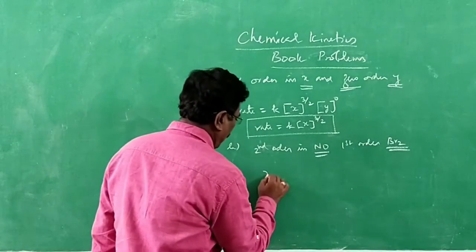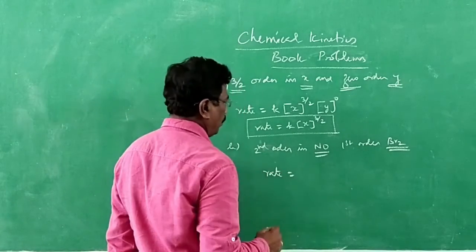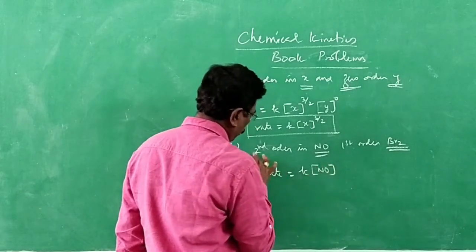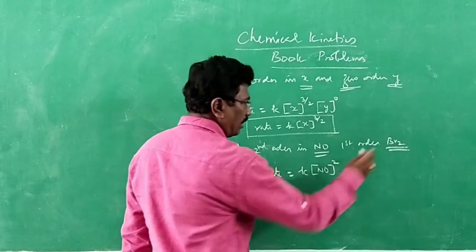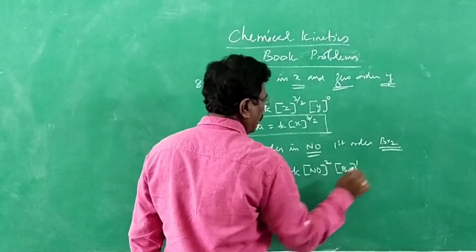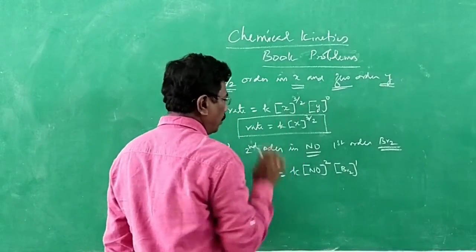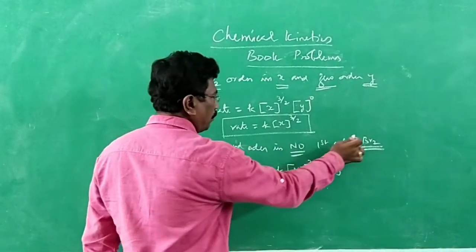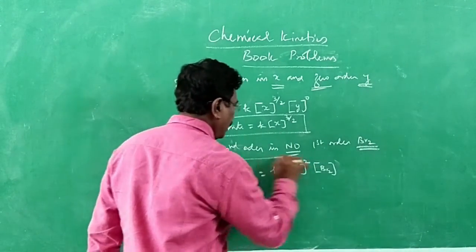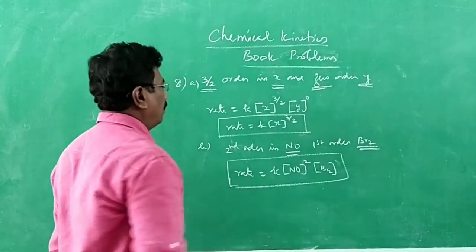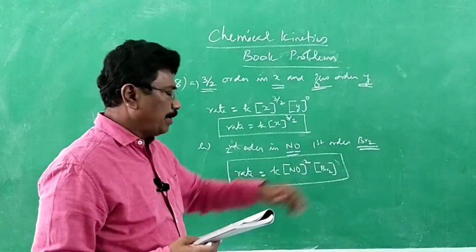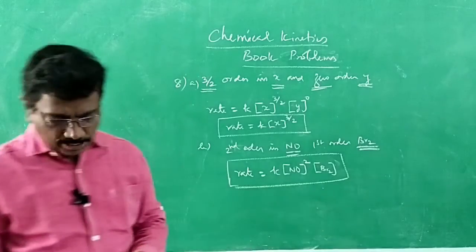So again, rate law is equal to rate constant into molar concentration of NO. What is the order of the reaction? 2, therefore square. What is the order with respect to Br2? 1, therefore concentration of bromine to the power 1. If it is 0, just 0; if 3/2, then 3/2. Second order means power 2. First order means power 1. Power 1 need not be mentioned. Therefore, this is the rate law for the reaction with order 2 with respect to NO and order 1 with respect to Br2.